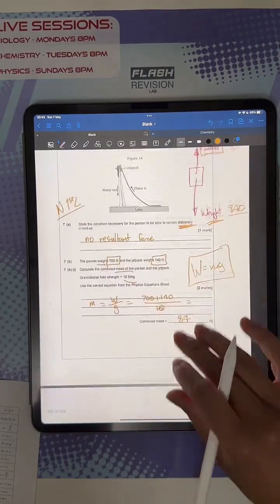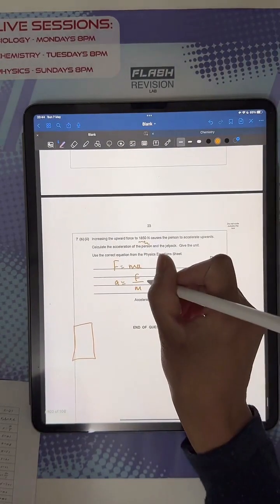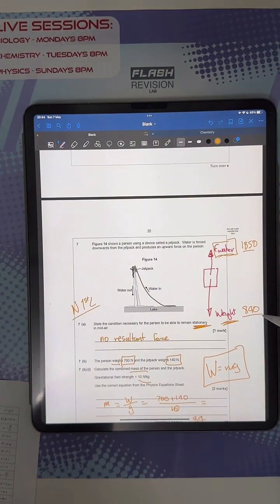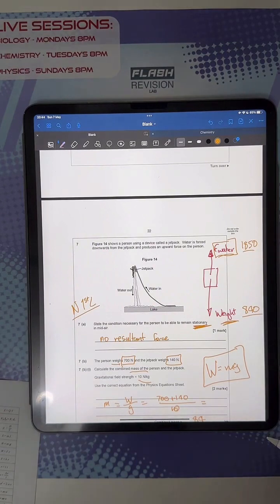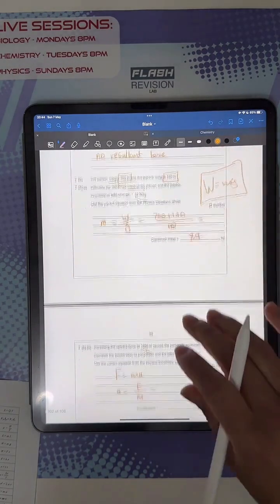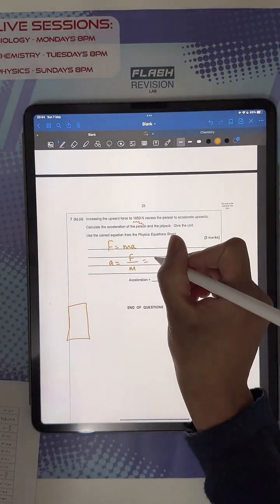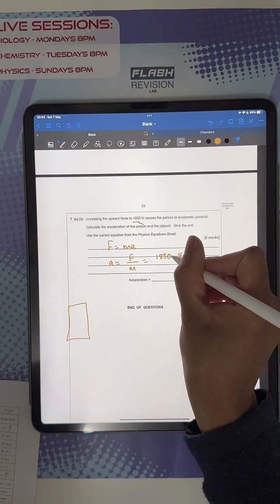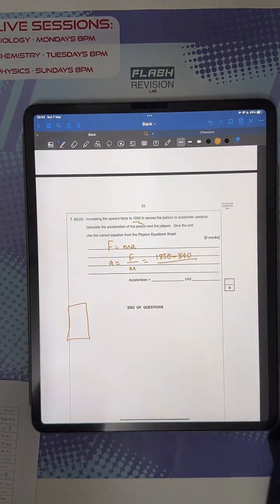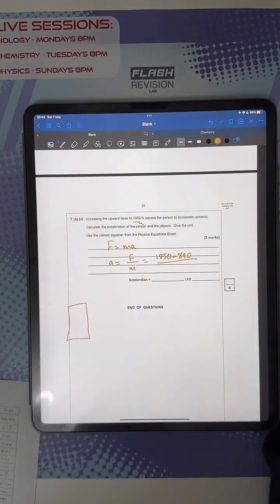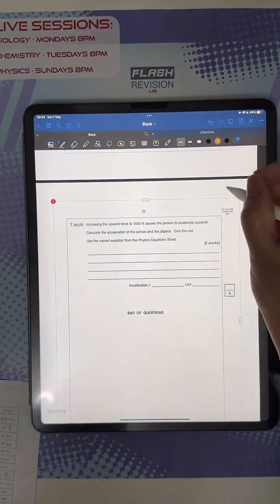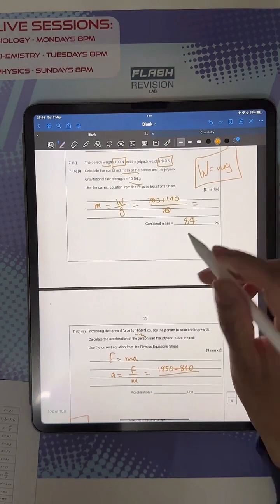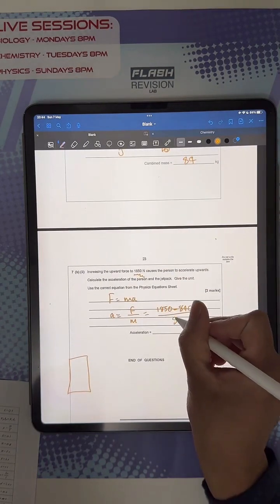So in this example here, it's going to be 1850 minus 840. So 1850 minus 840, that's our resultant force. Then you divide it by the mass. The mass was what we calculated earlier, which was 84. So we do all of this divided by 84.